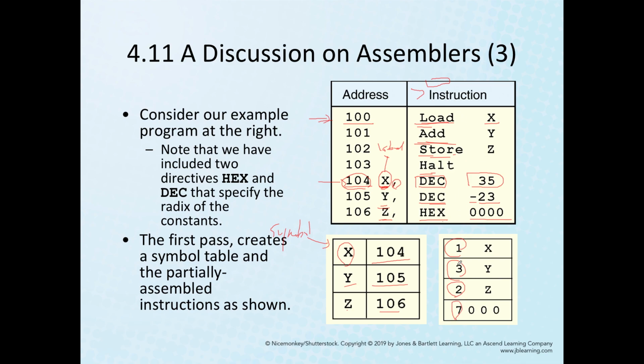So load X means opcode 1 and then label X. Add Y is 3Y. Store Z is 2Z, halt is 7, and the rest is all 0. So we have another table, which is a translation of the instructions using symbols. Those tables are created in the first pass of the assembler.